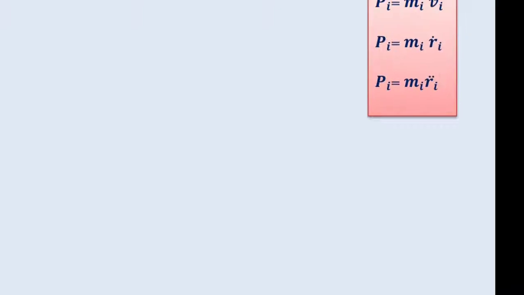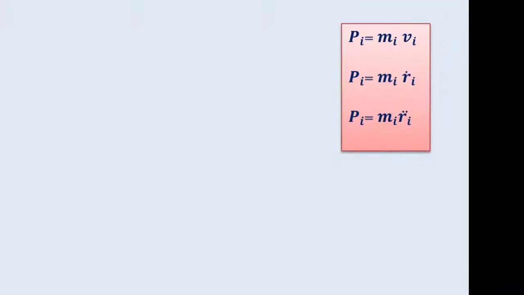We also know the momentum Pi is given by mass into velocity, that is mi into vi. In classical mechanics, this velocity vi is written as ri dot.